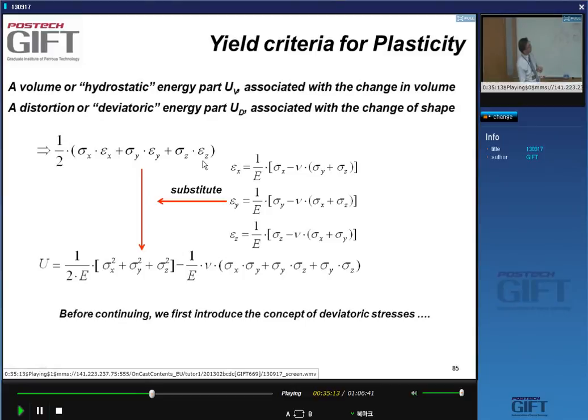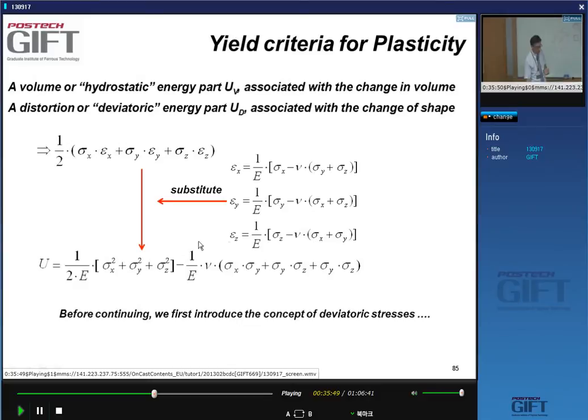Yes, and I can get an equation for this energy which is only dependent on stresses by substituting for the epsilons the relation given by Hooke's law. So epsilon x is replaced by this first equation in Hooke's law, and I do the same for epsilon y and epsilon z.